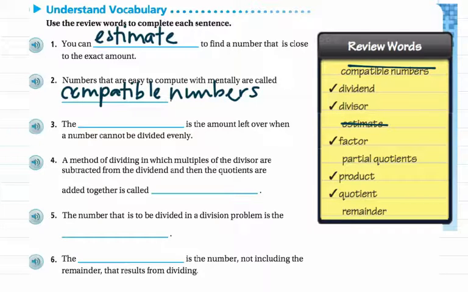Number 3, the remainder is the amount left over when a number cannot be divided evenly. Number 4, a method of dividing in which the multiples of the divisor are subtracted from the dividend and then the quotients are added together is called partial quotients.